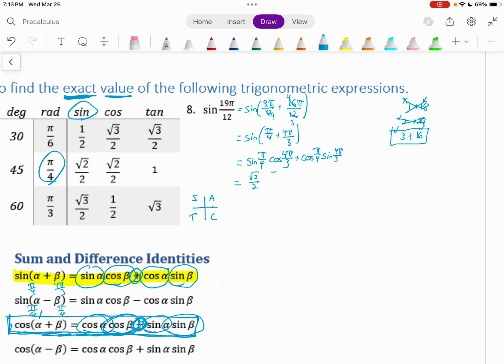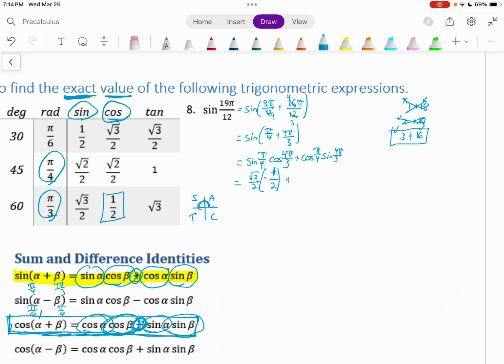Well, 4 pi over 3 is in the third quadrant, because here's pi, and 4 pi over 3 is just above pi. So that's going to be negative. So we're doing cosine of pi over 3, which is 1/2. However, since it's in the third quadrant, we know cosine's negative. So this is negative half.